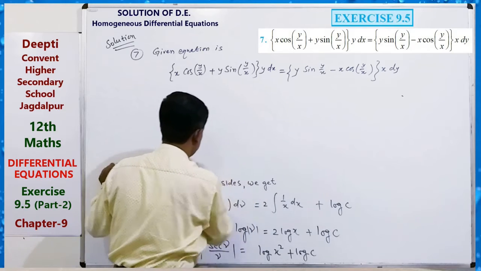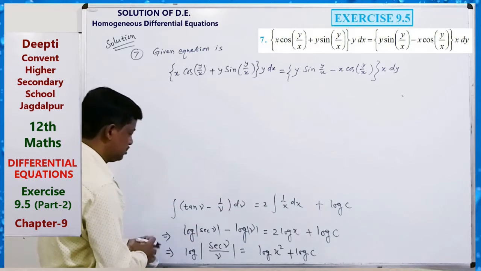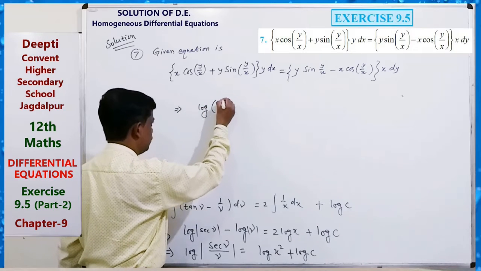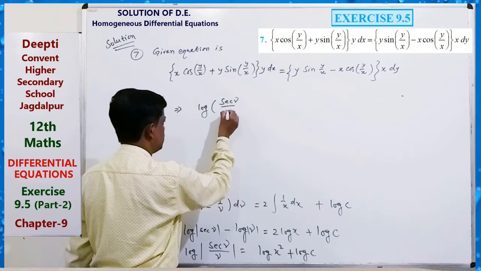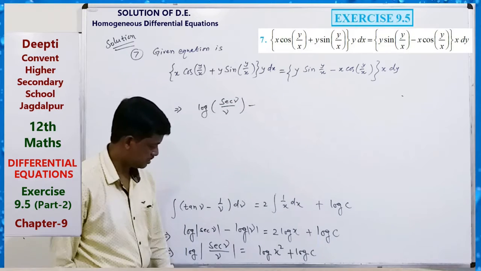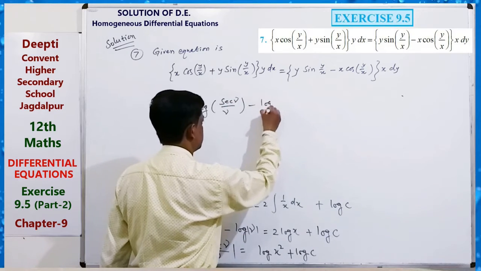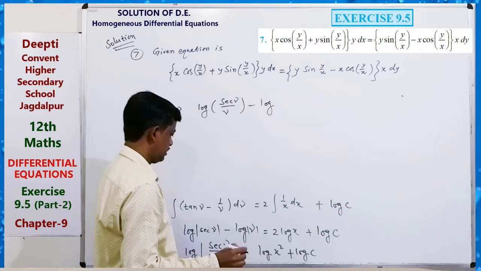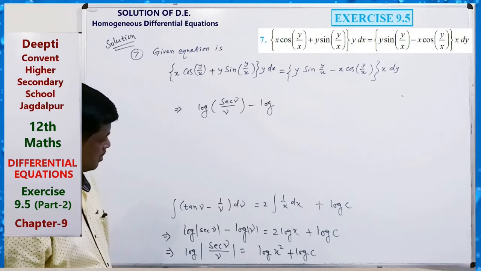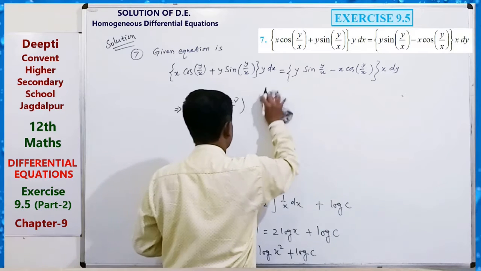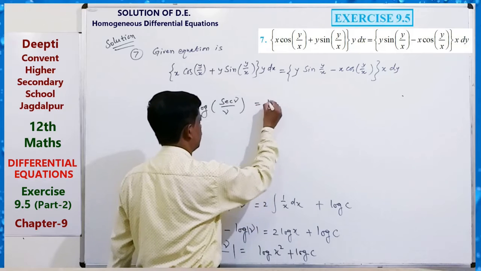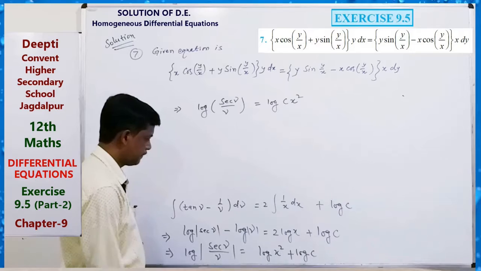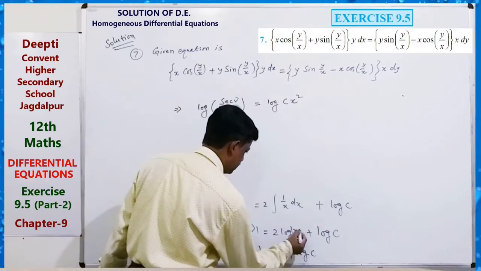Finally, put v equals y by x, then we can get the required solution. So log of sec v upon v minus log x square equals log c, so we can write on the right side log c into x square.